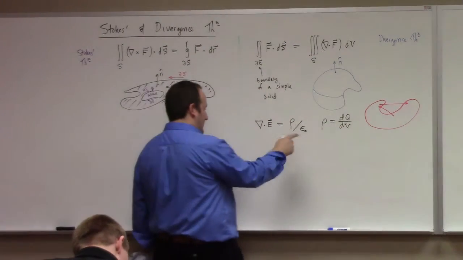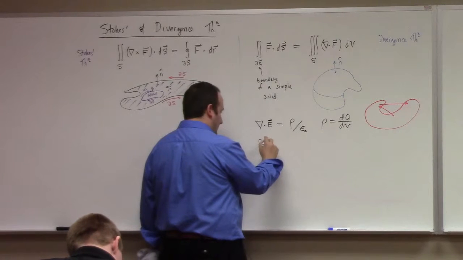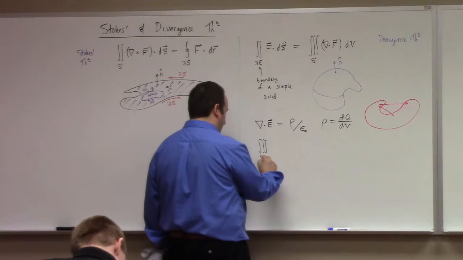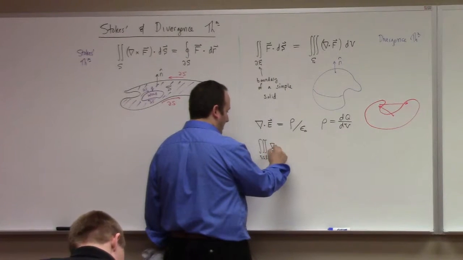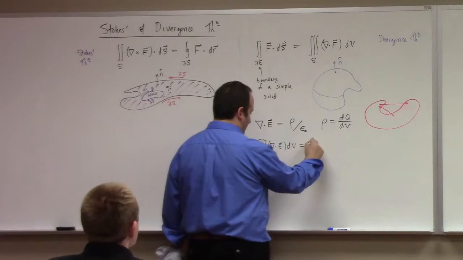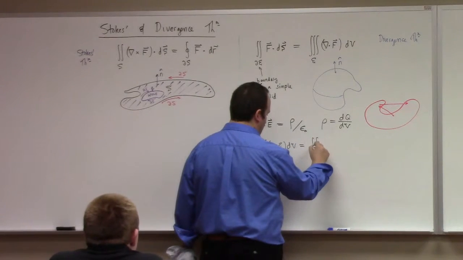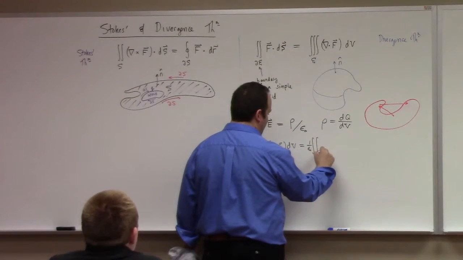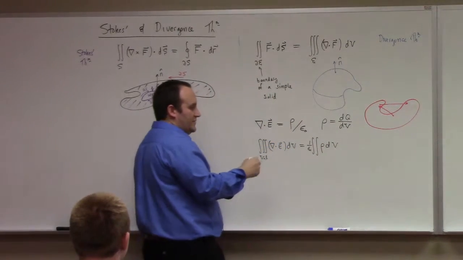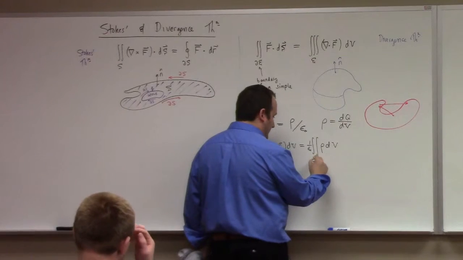So if I integrate this over some volume, I'll pull the constant epsilon naught out front. What's the integral of rho dv over the volume then?